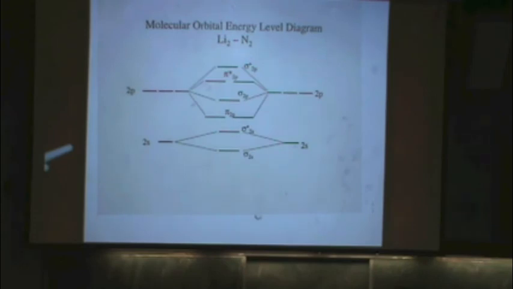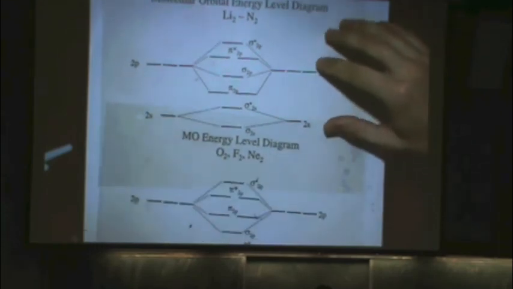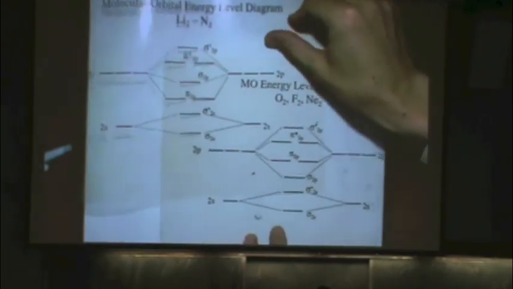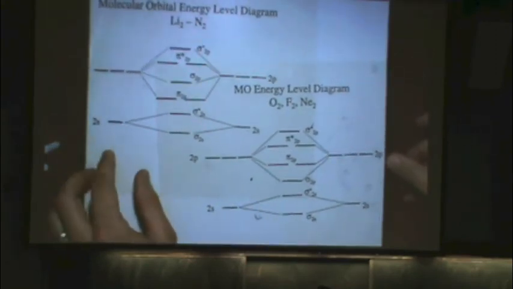And there's pictures like this in your textbook. This is on page 419. In the reader, you'll see pictures like this on page 103 and 104. Okay, what happens in oxygen is the diagram changes a little bit. And let me show you how it changes. You can kind of see both of them at the same time.